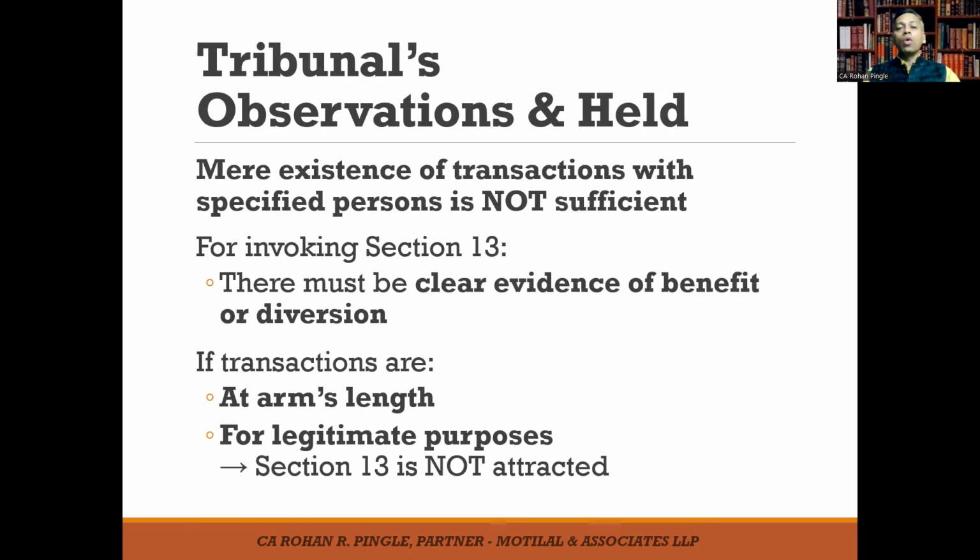Let's see what the Tribunal observed and held. The Tribunal observed that mere existence of transactions with a specified person is not sufficient. It must go beyond. For invoking Section 13, there must be clear evidence of benefit or diversion. So if transactions are at arm's length for a legitimate purpose, then Section 13 is not attracted.